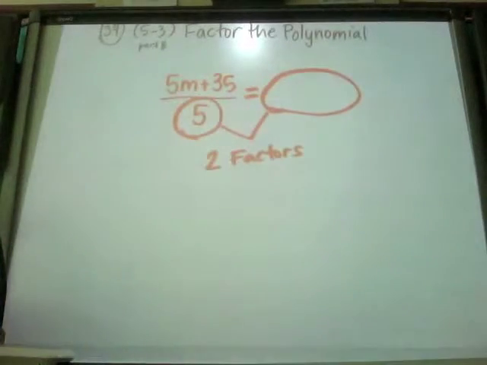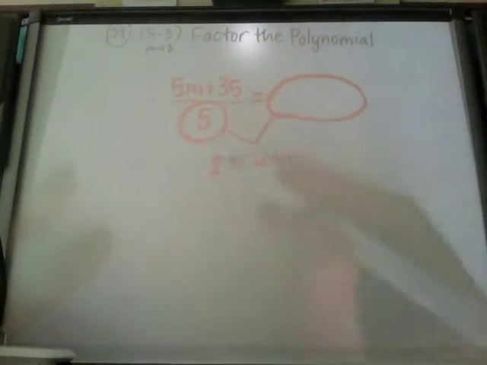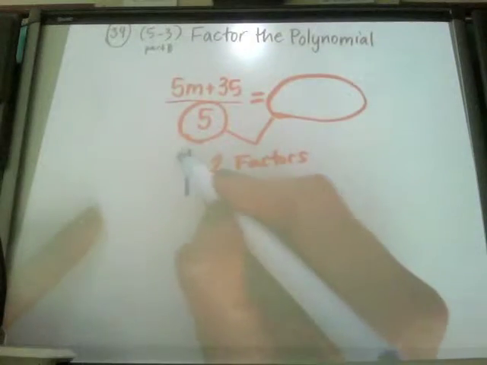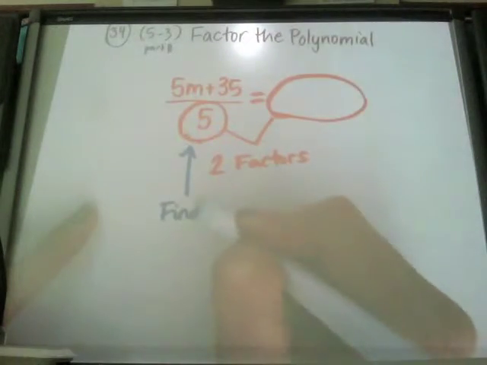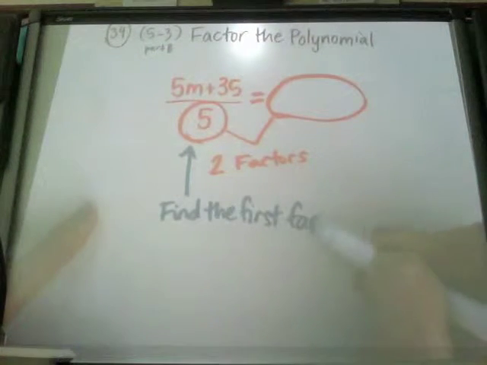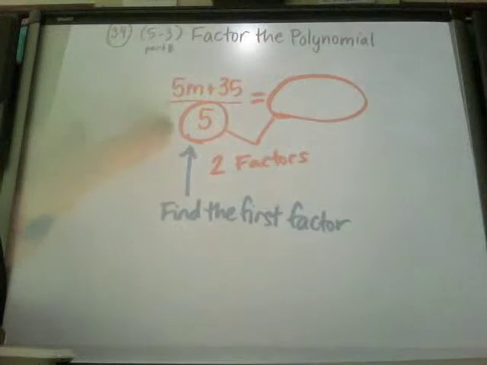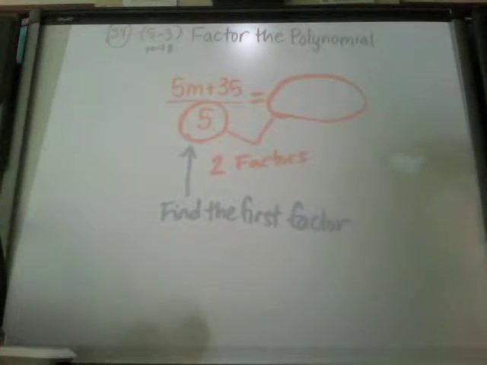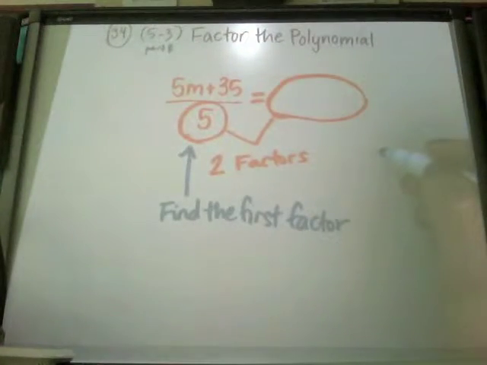So here's the challenge that we now need to do. The new part of this lesson is to find the first factor. In all the work we've done, this factor has been given to us, either showing it like this as a denominator that we could divide, or, you don't need to write this down if you don't want to, but in the previous lesson 5.2, I'll just show you a quick example.